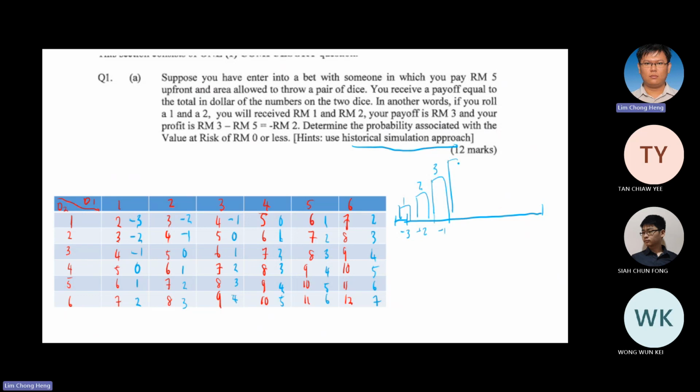And then 0, 4 times. And then 1, 5 times. 2, 6 times. And then the rest you go to calculate yourself lah. Then 5, 4, 3, 2, and then 1.